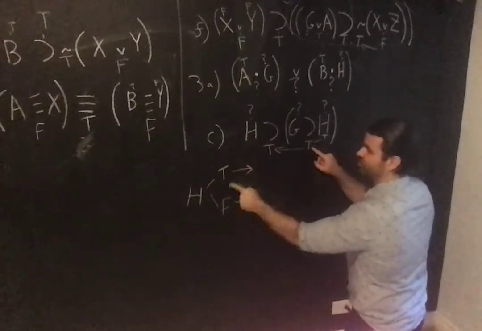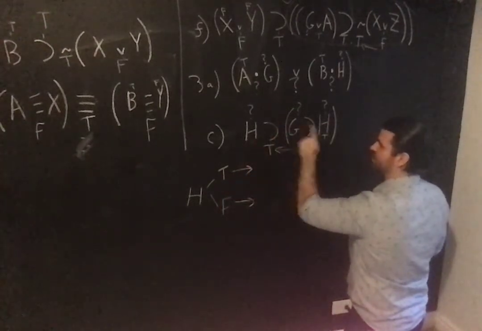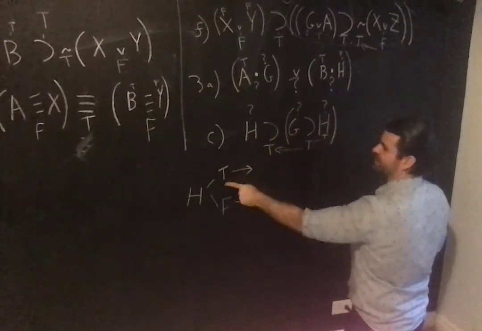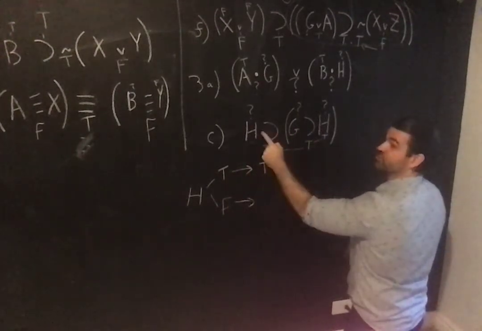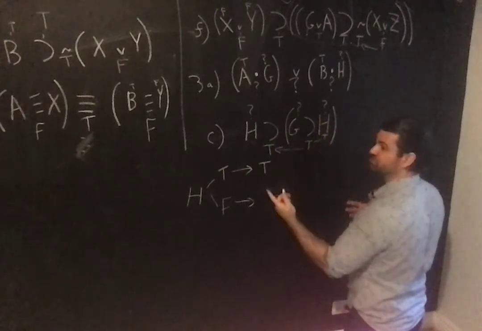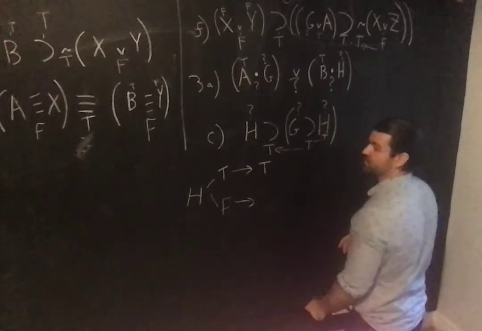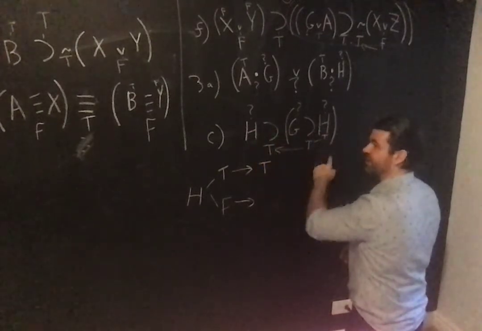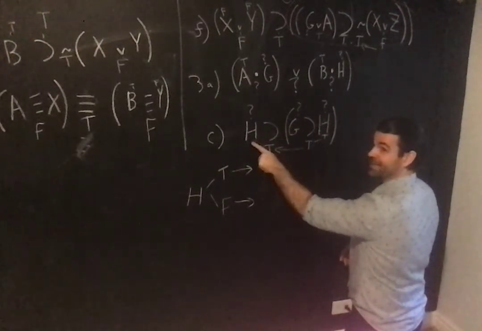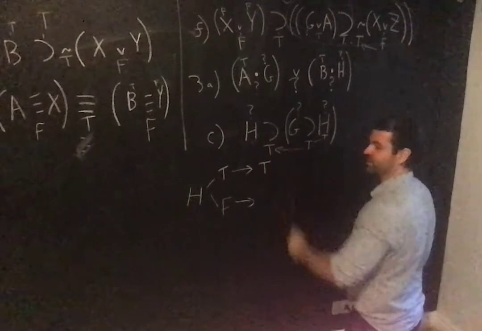So if H is true, no matter what G is, this becomes true hook true, which is true. Right? What if H is false? Well, if H is false, it's false hook something else.